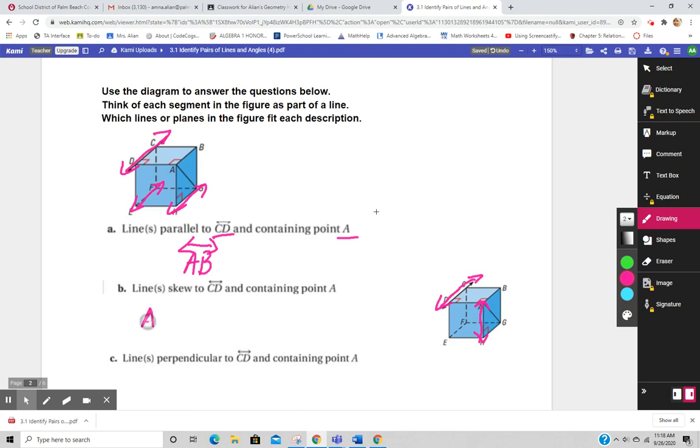So AH is skew. Is there another line that is skew that contains point A? What do you think? There is another line right here. It doesn't intersect and it's not on the same plane. So it meets the definition, and that's AG.